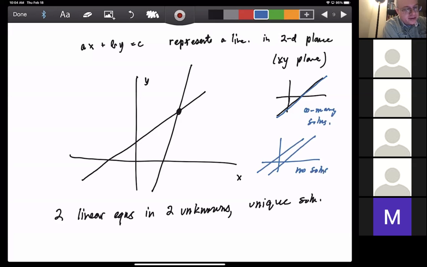Okay, so there's no point in common between the two equations. There's no solution common to the two equations, so there's no solution for the system. So in fact, what we noticed for our single scalar equation also happens for a pair of two linear equations.